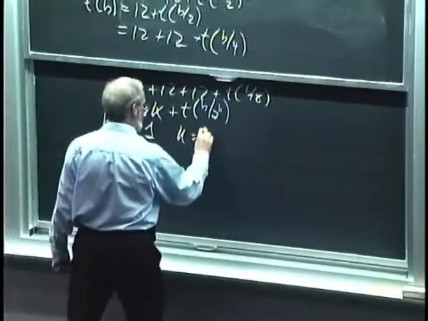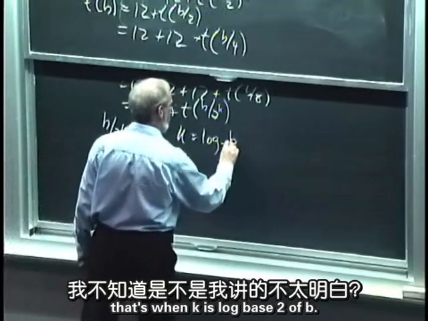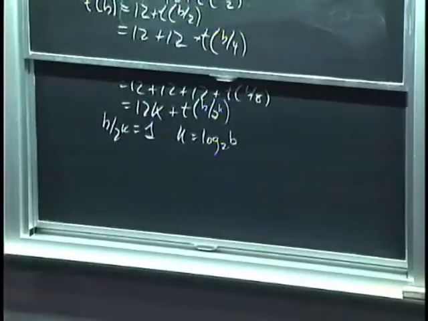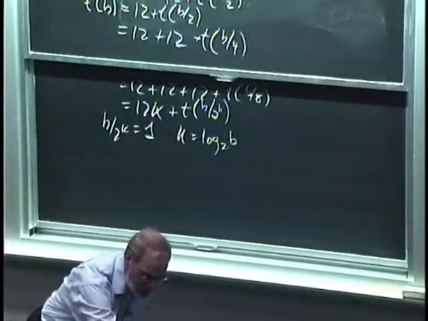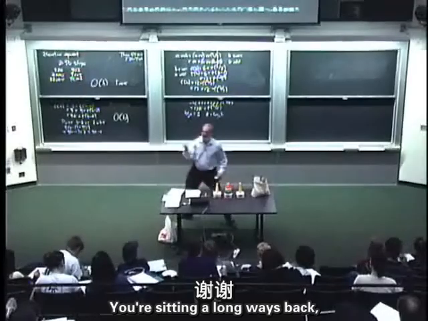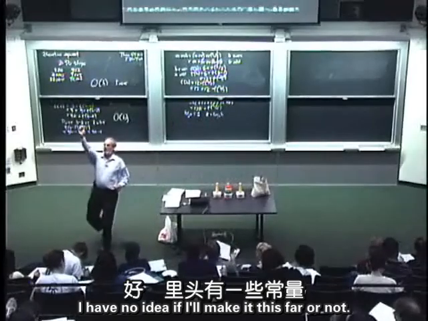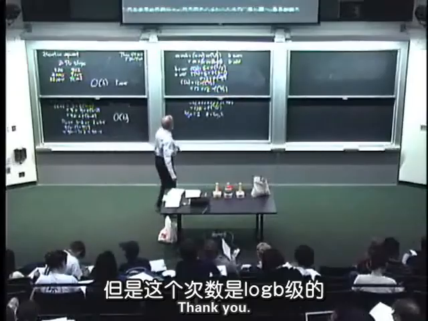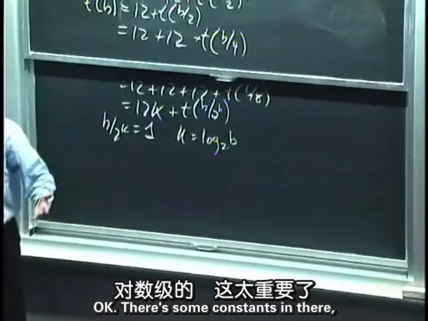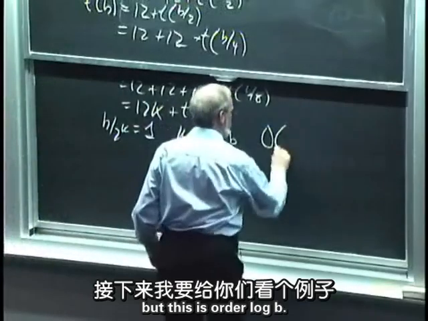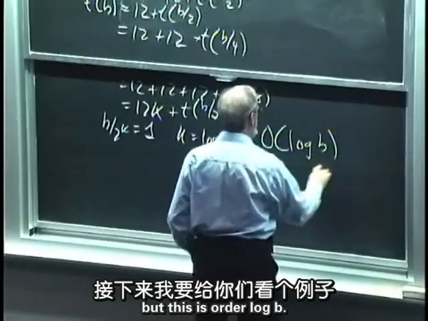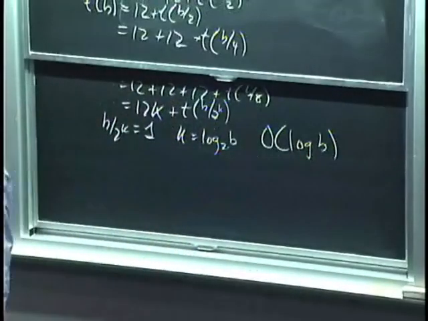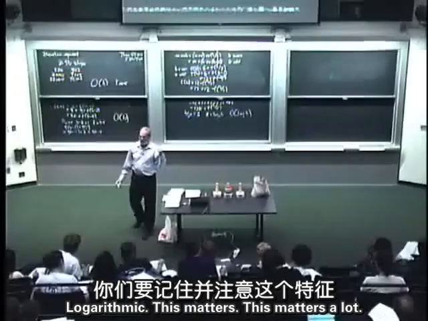That's when K is log base 2 of B. You're sitting a long ways back. I have no idea if I make it this far or not. Thank you. Okay? There's some constants in there, but this is order log B. Logarithmic.